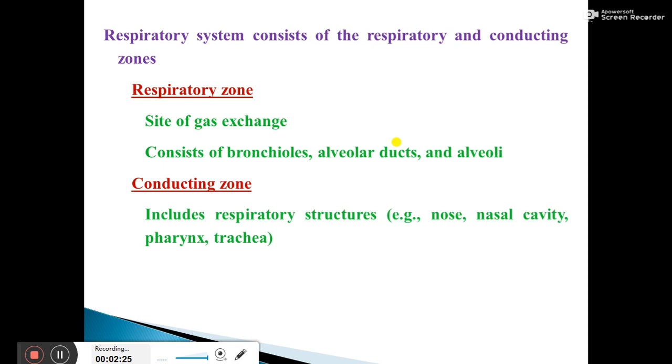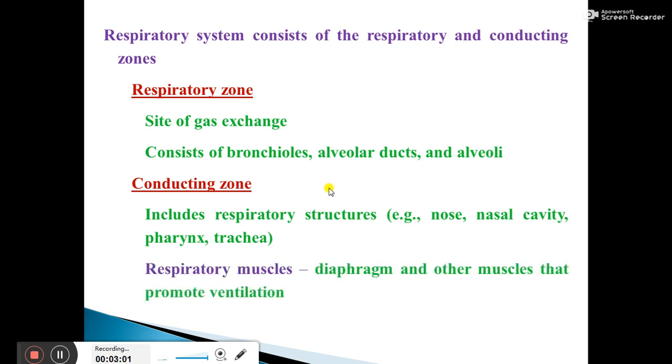The conducting zone includes the nose, nasal cavity, pharynx and trachea. So the difference here is that the conducting zone helps in the passing of the gases in filtered form to the respiratory zone, where the actual respiration, the give and take of the gases, takes place, that is the alveoli part.